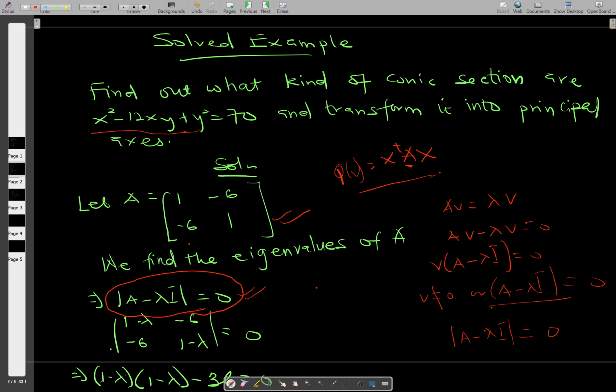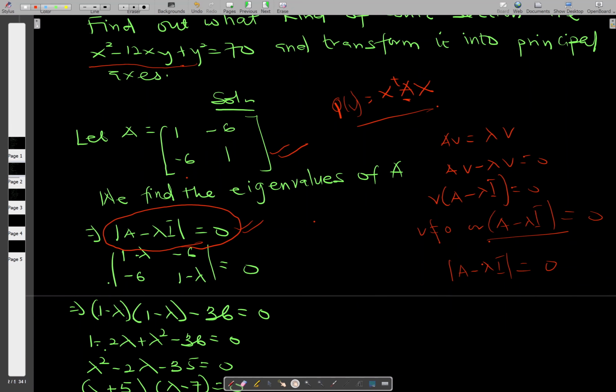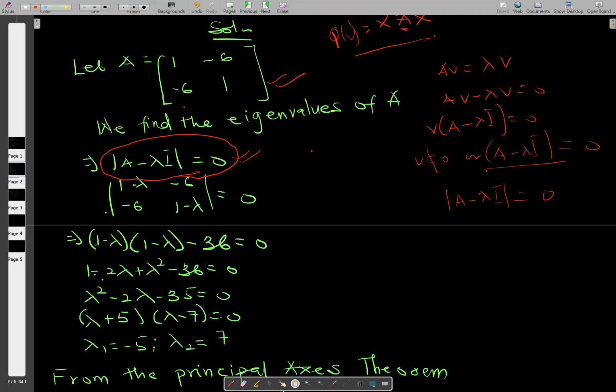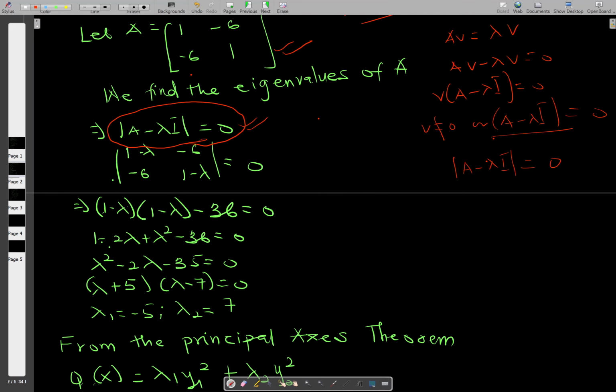That's how we generated this formula. So we subtract lambda from the diagonal elements: 1 minus lambda, negative 6, negative 6, 1 minus lambda equals 0. When you find the determinant, that will be 1 minus lambda times 1 minus lambda, minus negative 6 times negative 6, that's 36. So 1 minus lambda squared minus 36 equals 0.